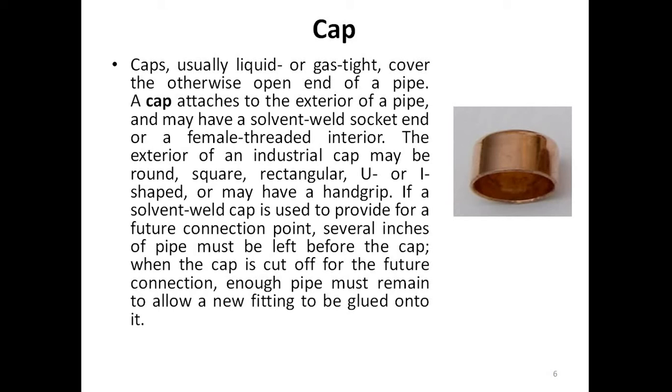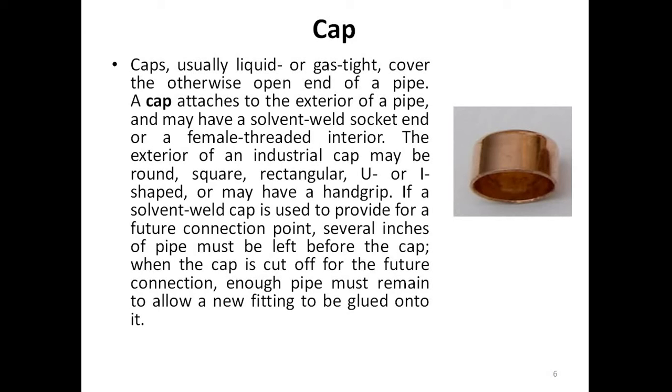We will discuss in detail what is meant by a cap. Caps, usually liquid or gas tight, cover the otherwise open end of a pipe. When a pipe connection ends, we want to keep the liquid or gas tight in the pipe, so a cover is used.